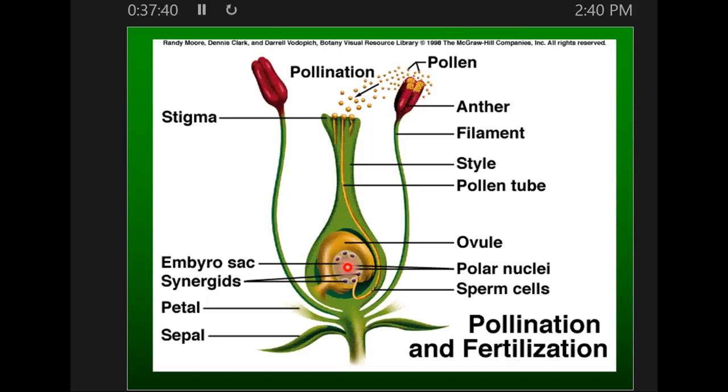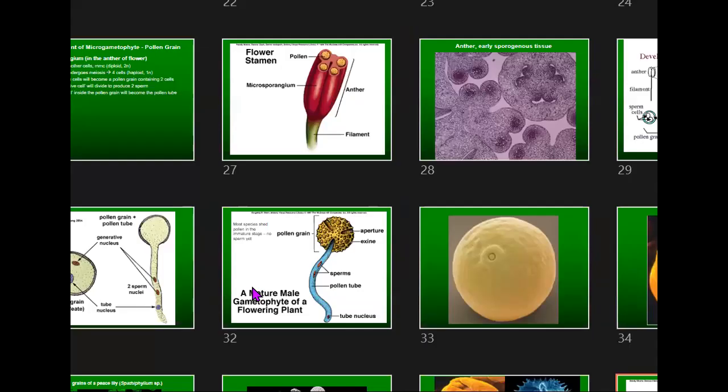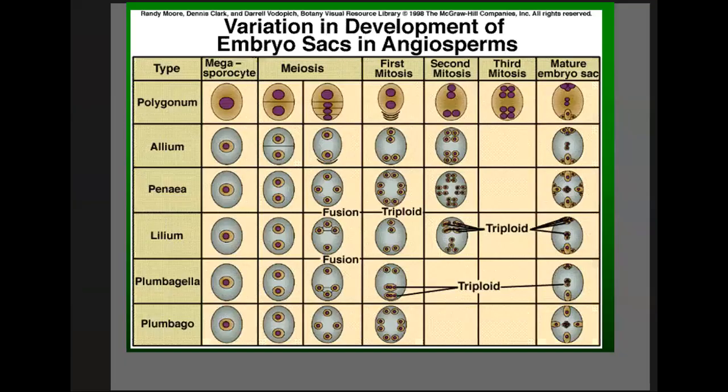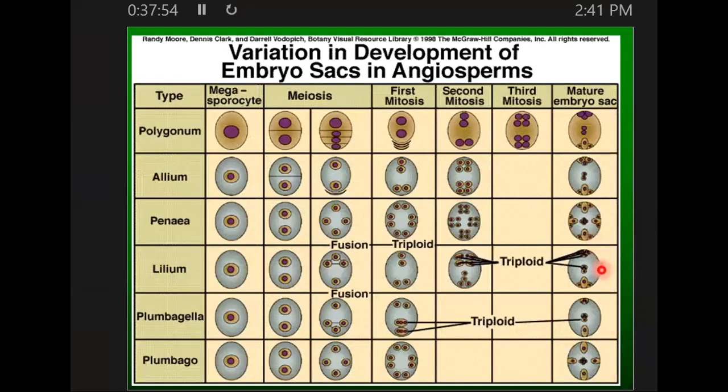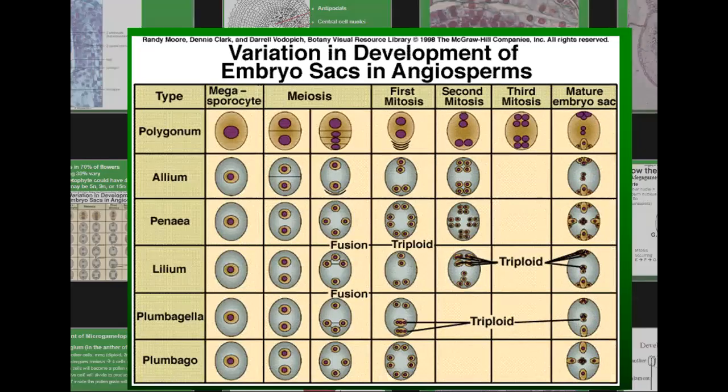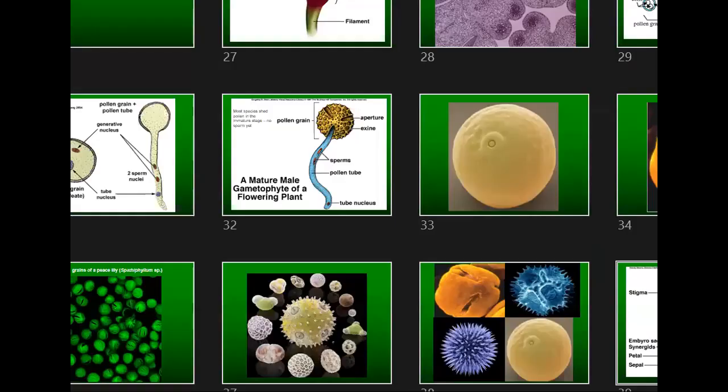I don't know if that's how the experiments they've done went, but they do have those antipodal cells, and even with the non-Polygonum type, they have some version of that going on, where you have those antipodal cells in pretty much every case. But exactly what they do, I don't know. They don't know.